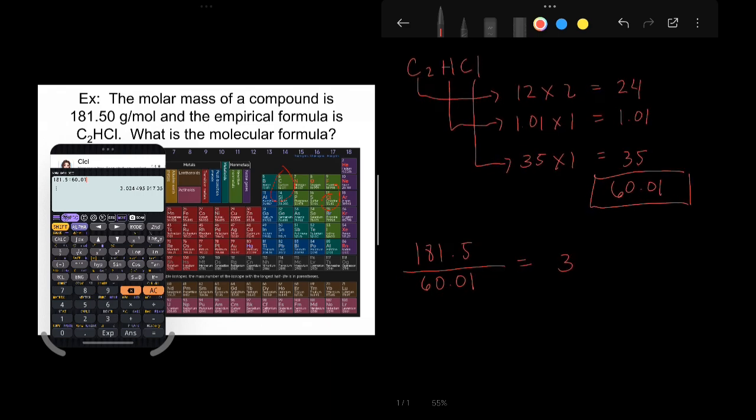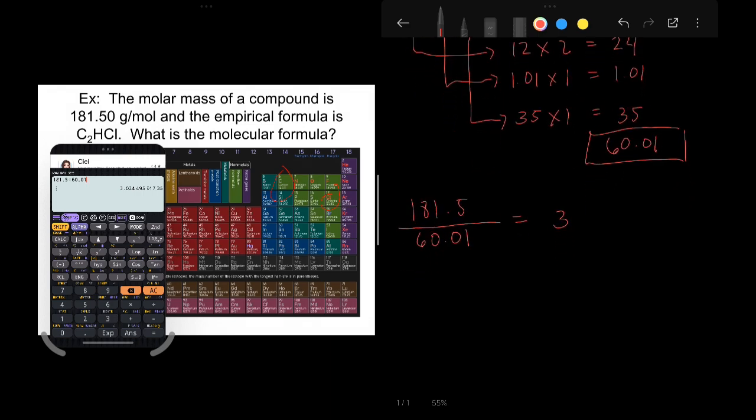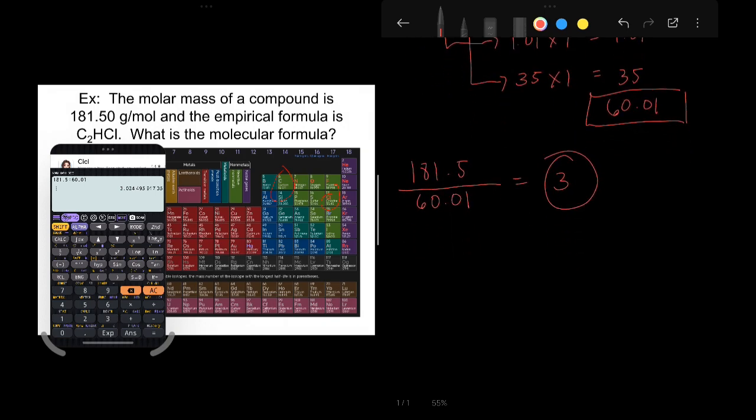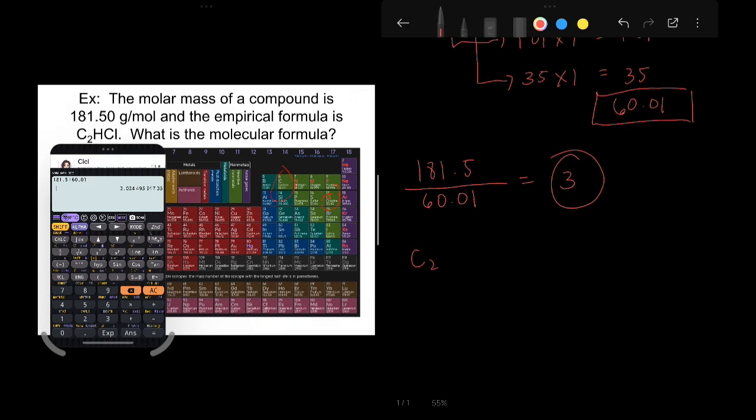So the next thing you're going to do is this 3 will be multiplied to the subscript of the given compound. So we have here carbon 2, hydrogen, and then chlorine. Since hydrogen and chlorine have a subscript of 1, we're going to multiply this by 3.